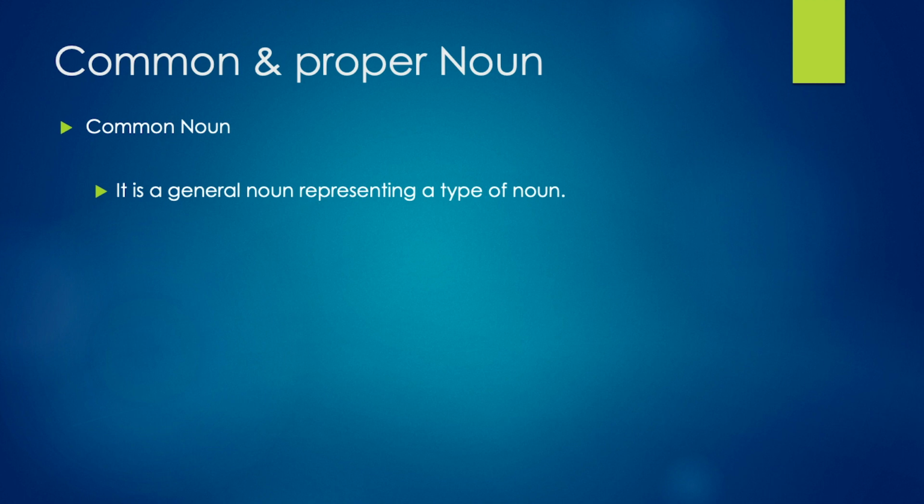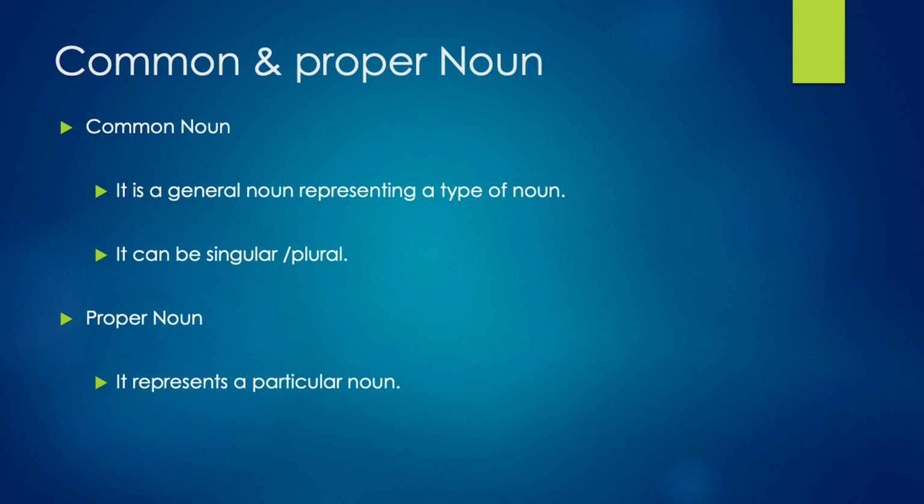For example, men, days, dog, city, country, etc. The common nouns can be present in both singular and plural forms, whereas a proper noun is a name that represents something or someone, which denotes an individual person or substance. The proper nouns always begin with a capital letter. Let us consider a few examples of common and proper nouns.